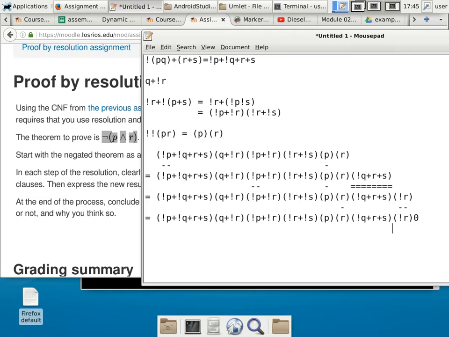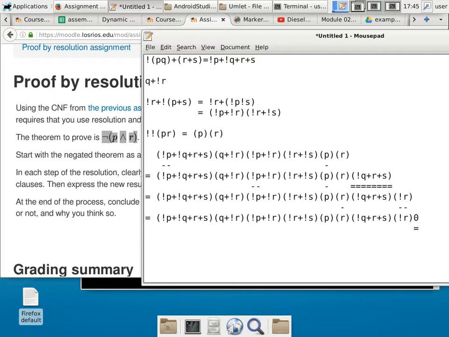This is the end of the proof almost, because the homework assignment also wants you to tell me how to interpret this. Just getting to a 0 means nothing, right? So you have to say, because we can get to a result of false, it is a contradiction, and because the negation of the theorem leads to a contradiction, the theorem itself is true, because that is the whole essence of proof by contradiction.